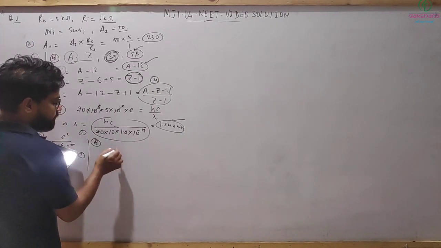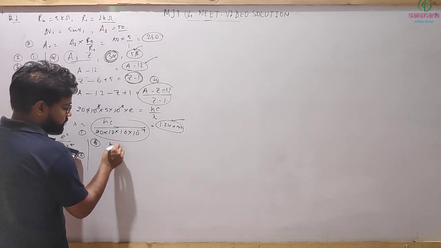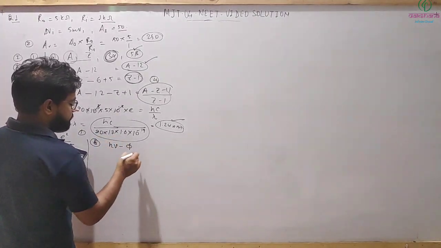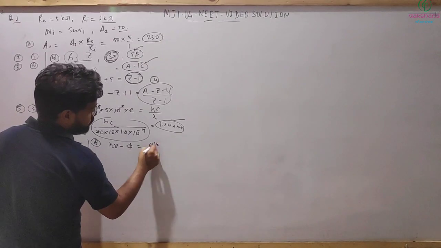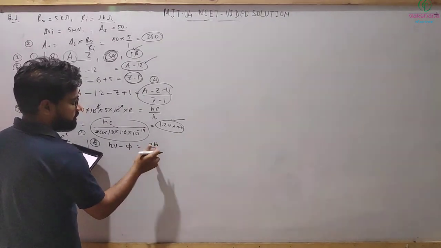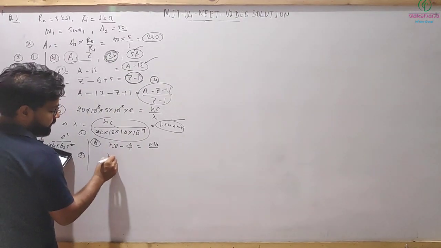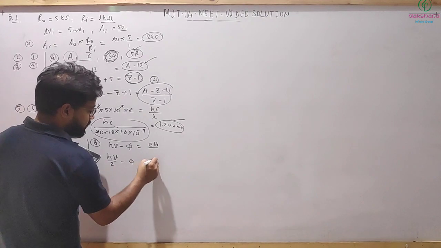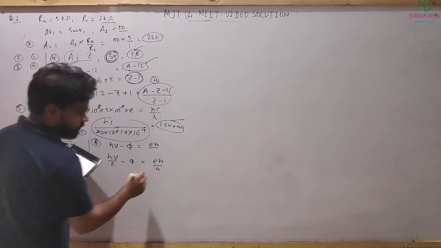In one case, let's say frequency is nu, so h nu minus the work function phi is equal to e V0, the stopping potential energy. Next case, h nu by 2 minus phi, work function remaining the same, is equal to e V0 by 4.